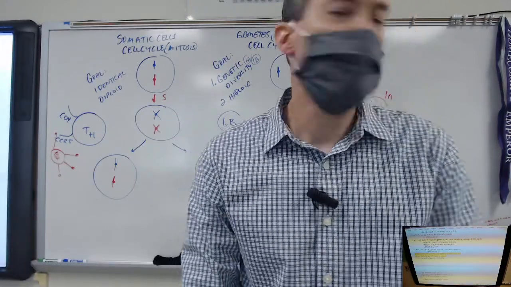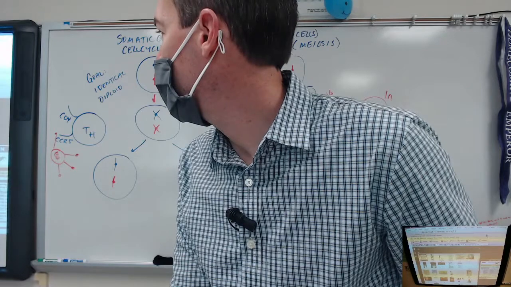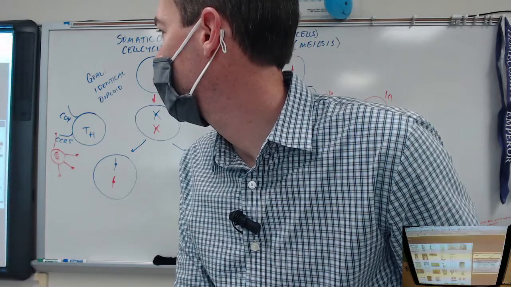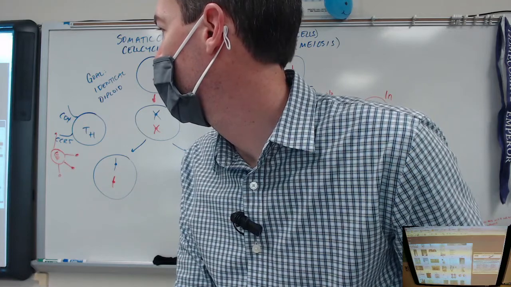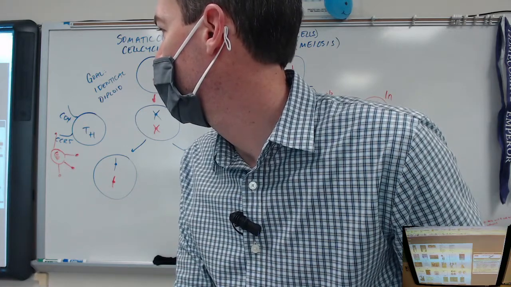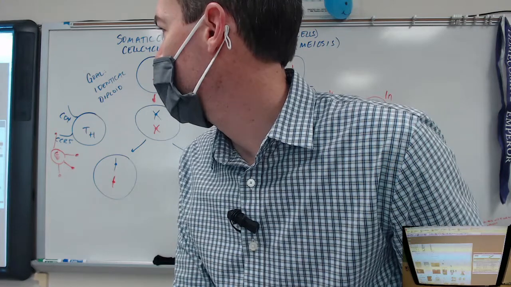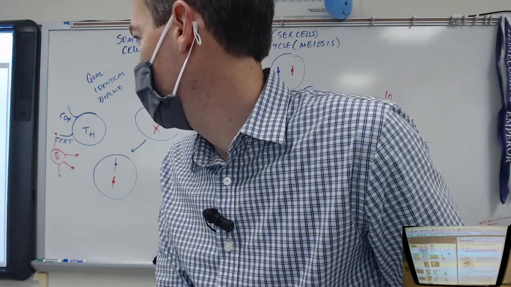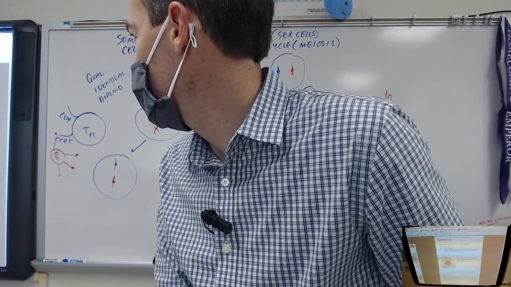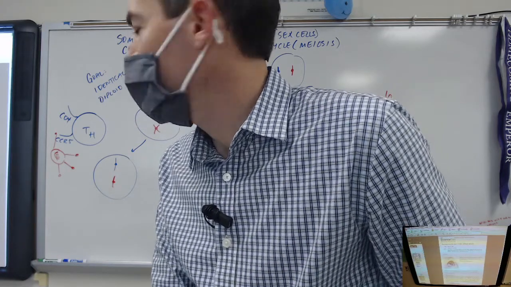So to answer your question about eye color, if we look at eye color, we're all supposed to have brown eyes. Have I told you this before?